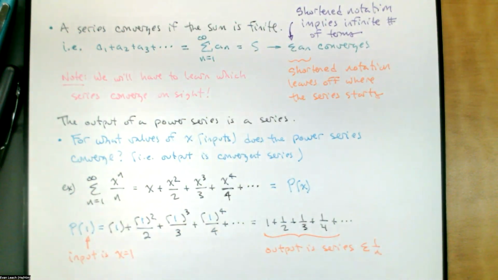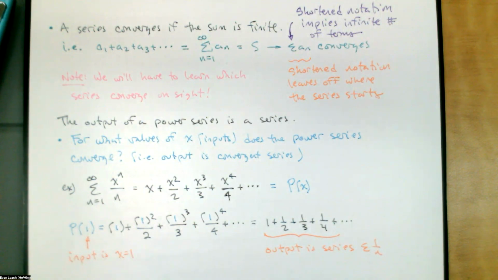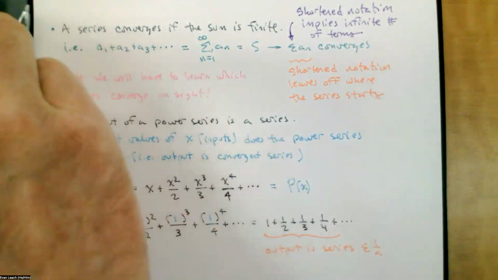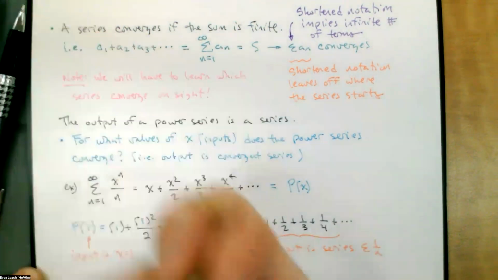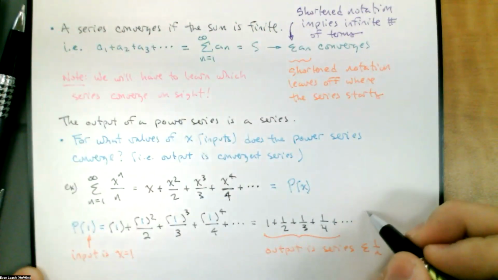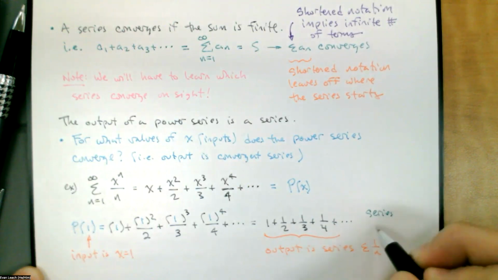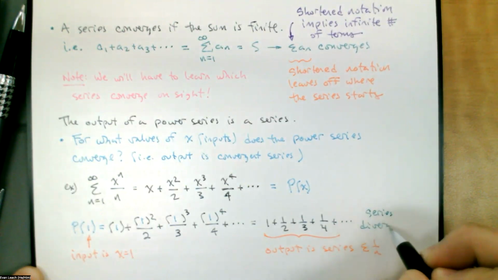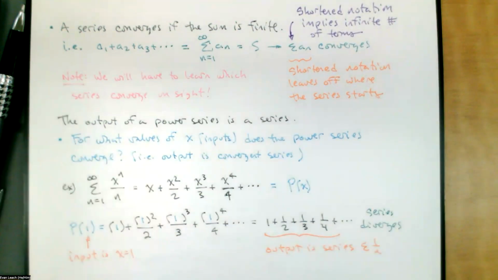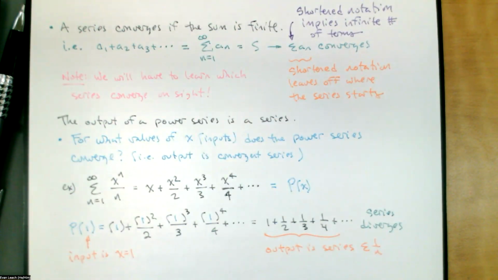We need to be able to look at this series and immediately identify this as a divergent series. We need to immediately look at the series and say, when we plug in 1, we get the series 1 over n, and that series diverges because that's our future math knowledge.